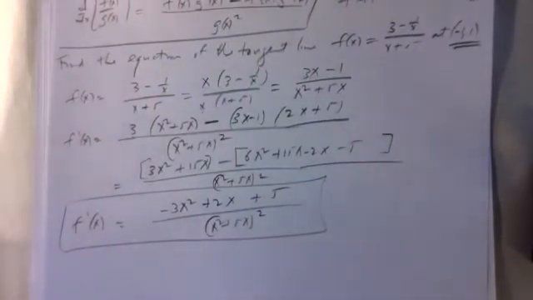Professor, I got a question. Yes. I understood how you got x squared plus 5x, but why did you add the extra exponent 2 after? Which line?